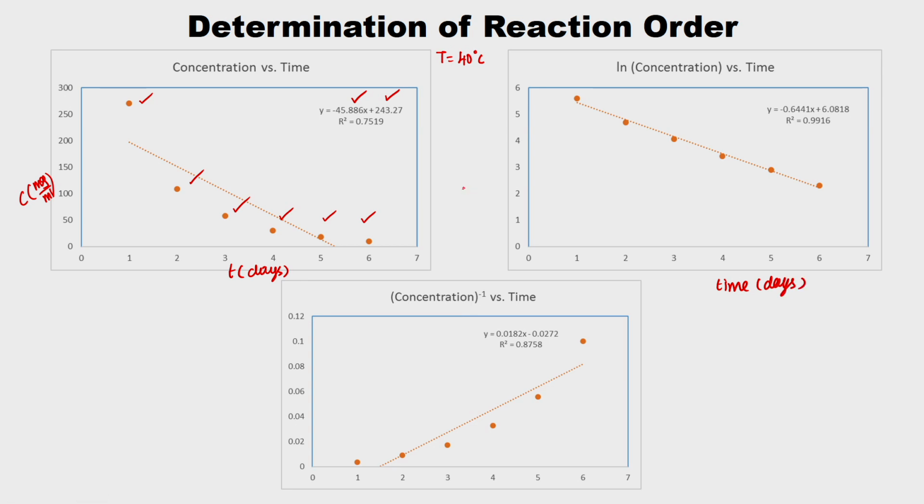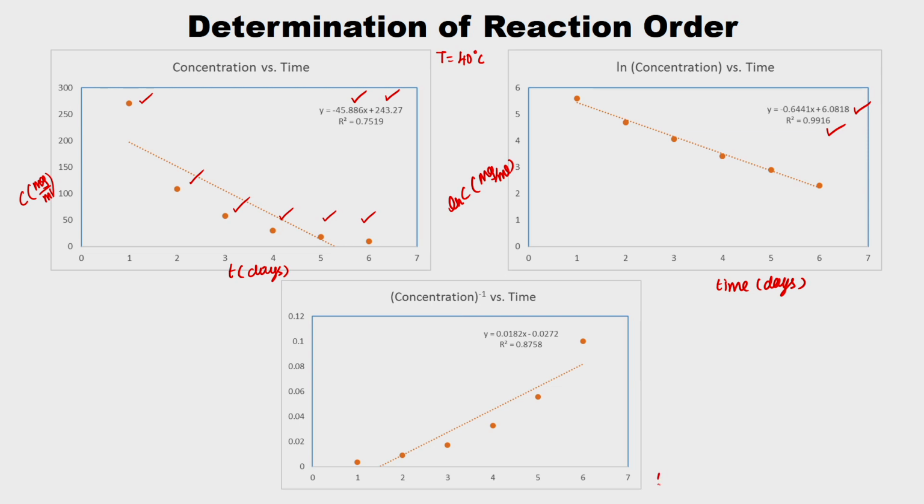The second one is again time in days versus concentration, obviously ln C, with concentration in milligrams per ml. It gives me y equal to mx plus c, and the r square is 0.9916.